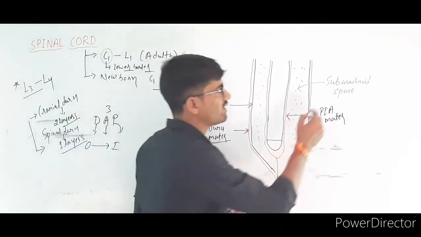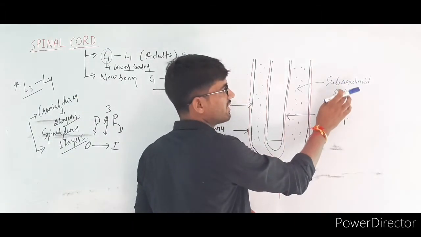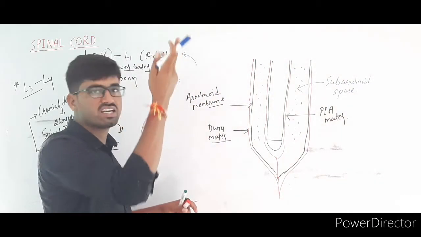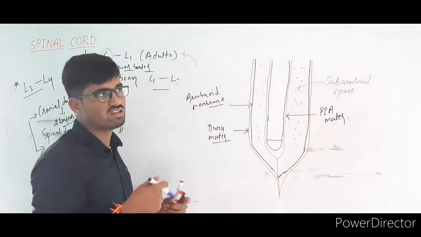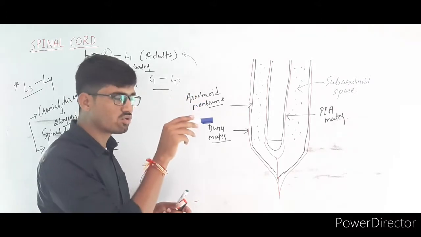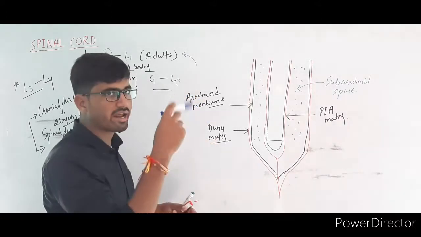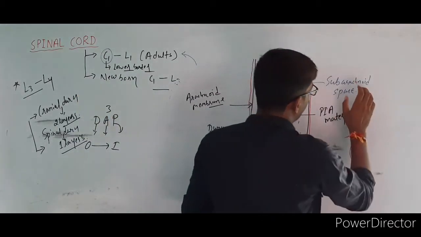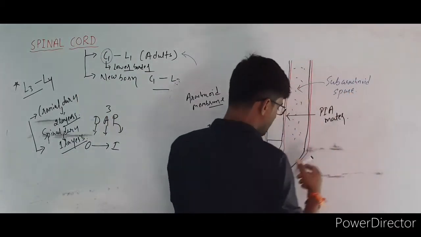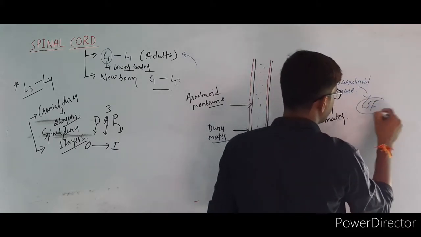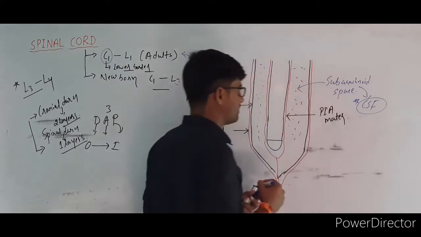Okay, where else? Here is the subarachnoid space, and there is one subarachnoid space in the brain, the central nervous system. So from the fourth ventricle, it enters the spinal cord and the subarachnoid space of the brain, right? So here is the subarachnoid space, and its content is CSF. This is very important.